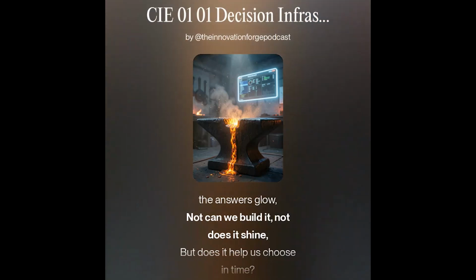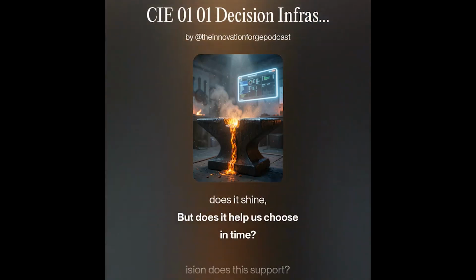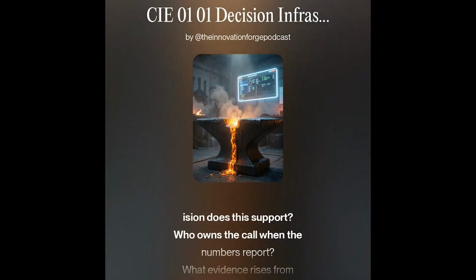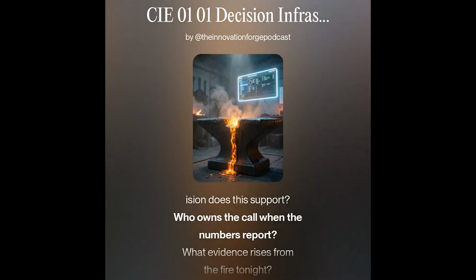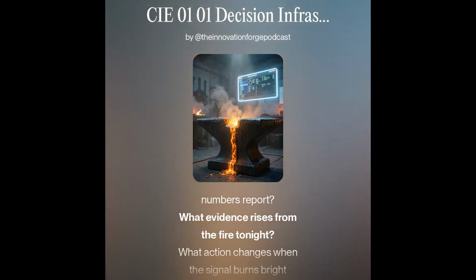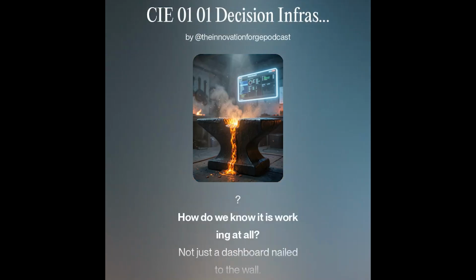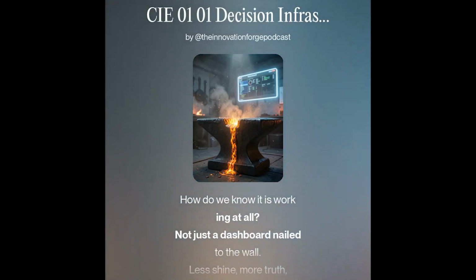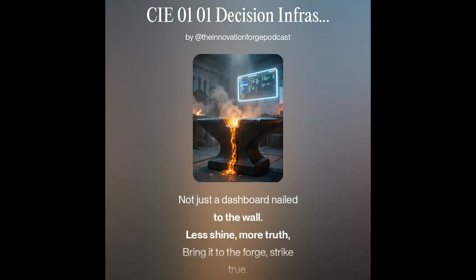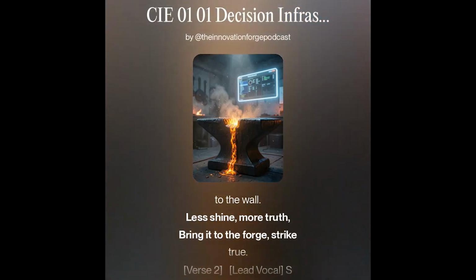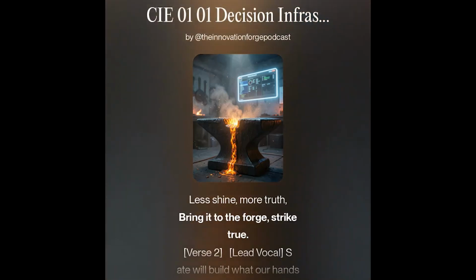Not can we build it, not does it shine, but does it help us choose in time? What decision does this support? Who owns the call when the numbers report? What evidence rises from the fire tonight? What action changes when the signal burns bright? How do we know it's working at all? Not just a dashboard nailed to the wall. Let's shine more truth, bring it to the forge, strike true.